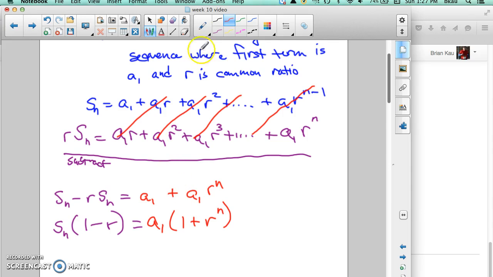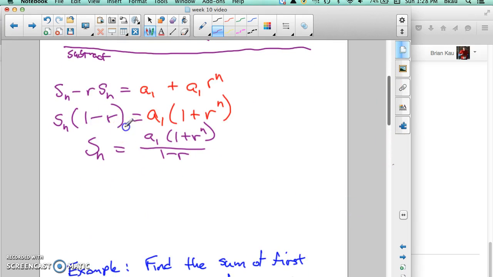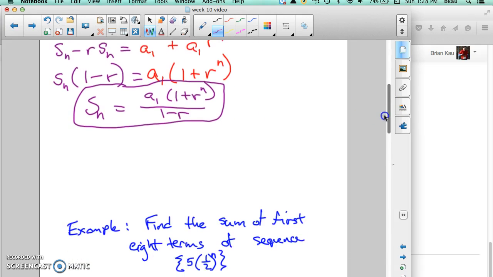And then we would just divide by 1 minus r. So we're going to get s sub n, the sum, equals a sub 1 times 1 minus r to the nth power over 1 minus r. And that's the formula for the sum of n terms of a sequence, where n is which term.